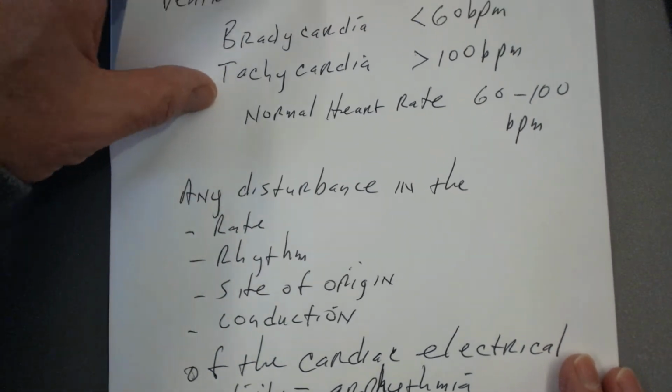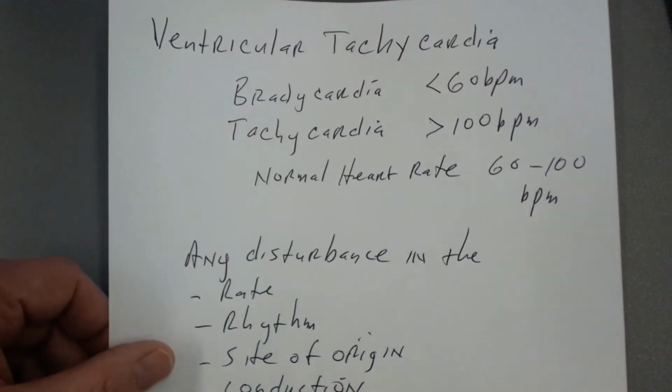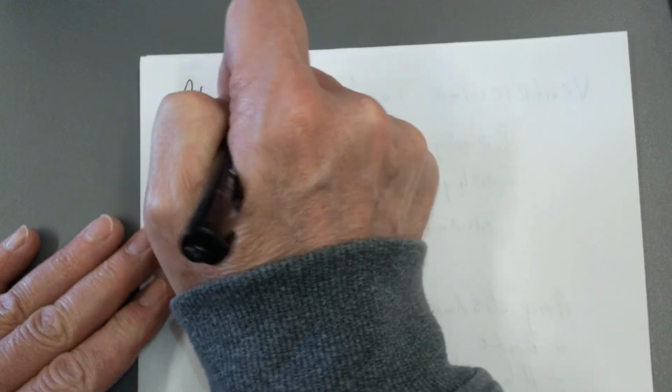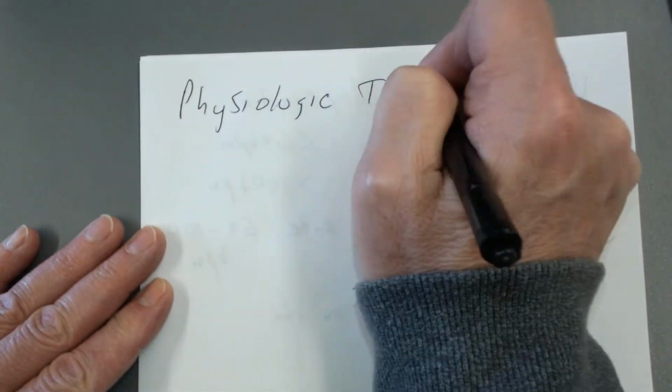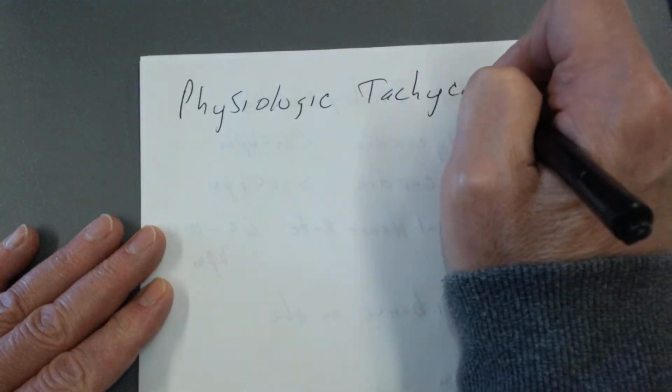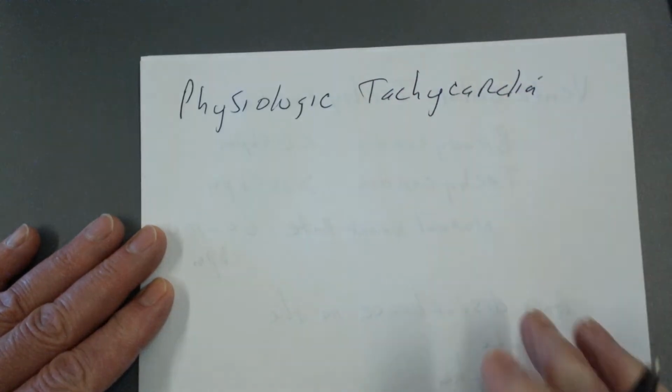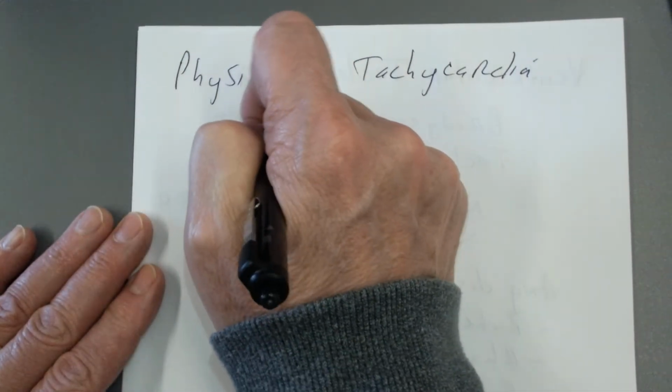Now let's throw some things out here because it's possible for you to have a physiologic tachycardia. So physiologic tachycardia occurs, of course, during exercise.